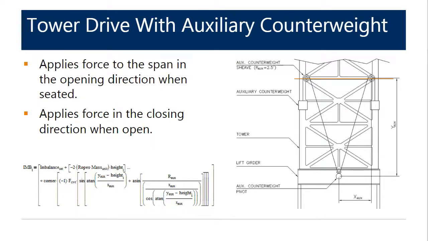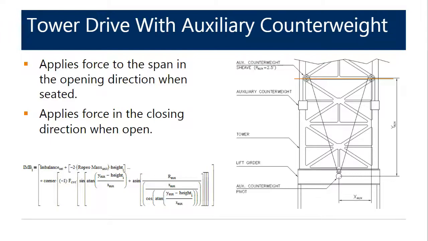This schematic depicts the details of the auxiliary counterweight system shown on the photo two slides ago. The auxiliary counterweight system shown applies a force on the lift span in the opening direction when the span is seated. The force decreases as the span raises.